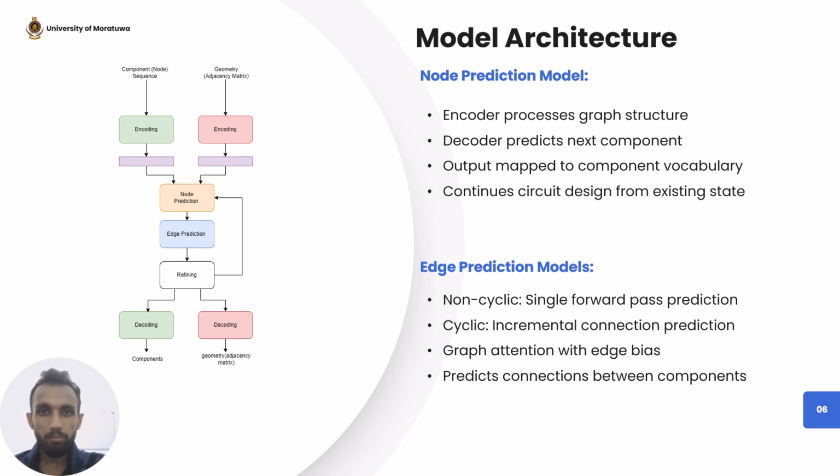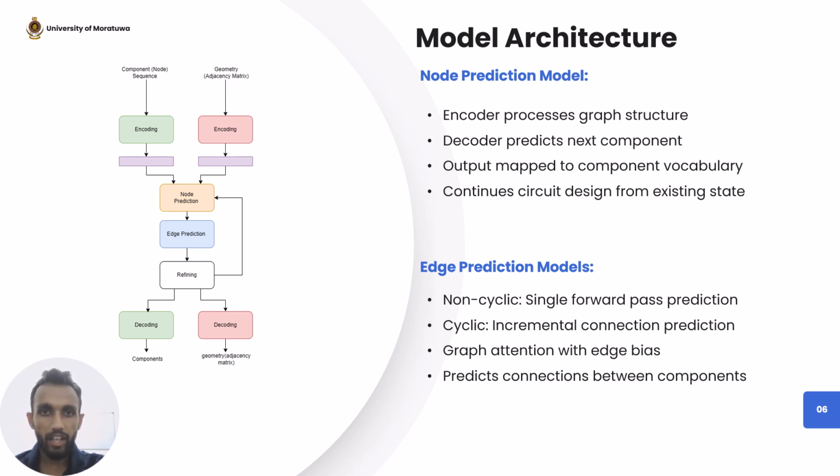The node prediction model processes the current graph structure using an encoder. The decoder then predicts the next component to be added. This prediction is mapped to our component vocabulary, resistors, capacitors, transistors, etc. This allows the model to incrementally grow the circuit from an existing partial design.